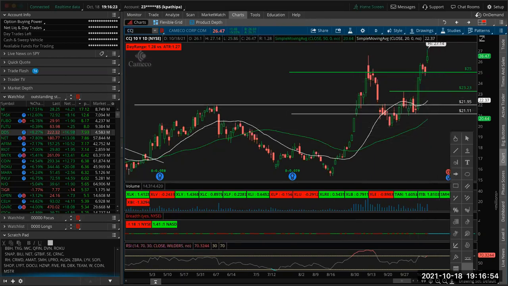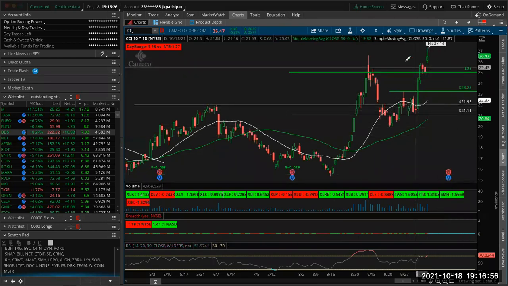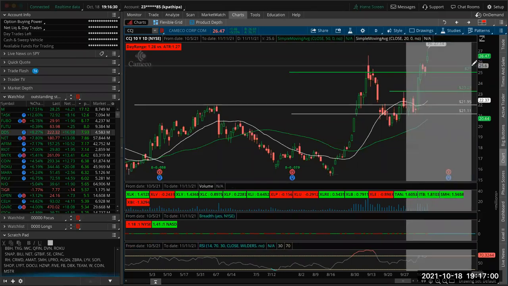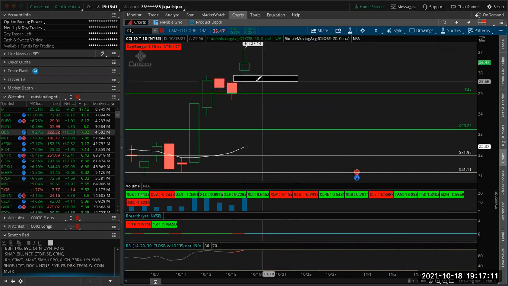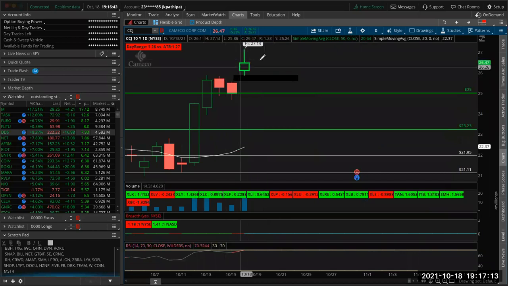When I got in, I was worried about the gap right here. This was the opening gap, so this could be filled tomorrow or the day after. The way it was moving today, this can be filled. So that's why I cut the position in half.